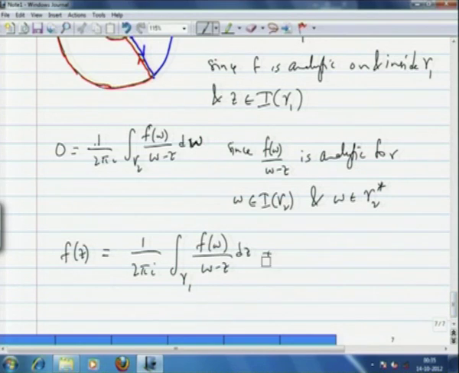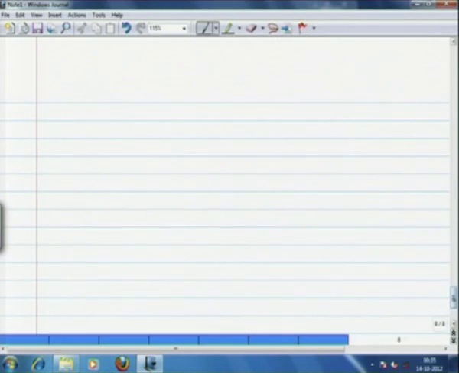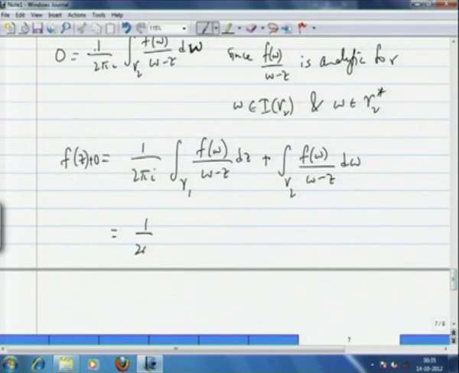So f of z minus 0 technically is minus integration over gamma 2 of f of w by w minus z, oh sorry, I need a plus, I apologize. So what that transfers to is 1 by 2 pi i integration over gamma 1 plus gamma 2 of f of w by w minus z dw.